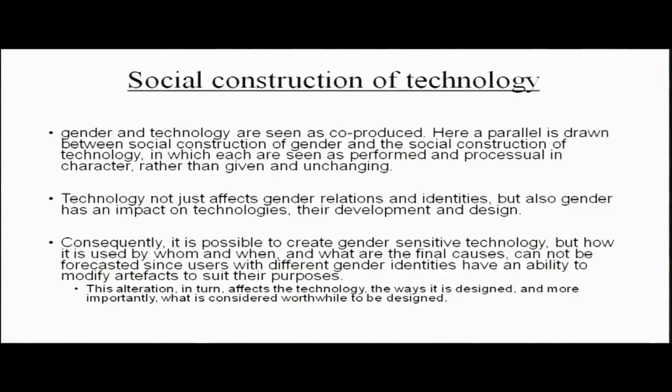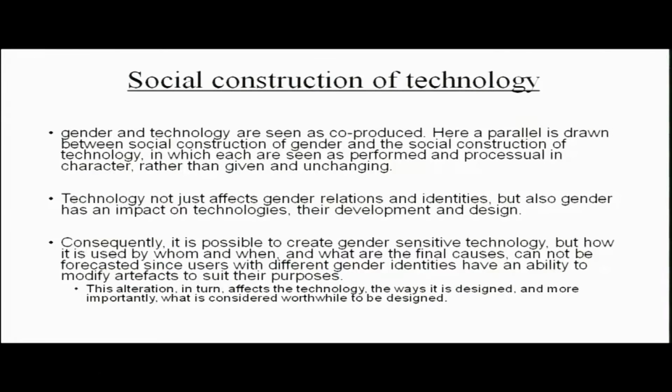So with that we see that there is the social construction of technology, that we see gender and technology as co-produced. So one is producing or influencing the other, and here a parallel is drawn between social construction of gender and the social construction of technology, in which each are seen as performed and processual in character rather than given and unchanging.